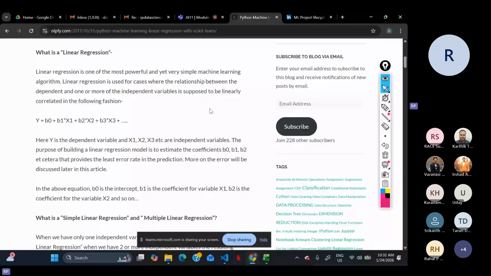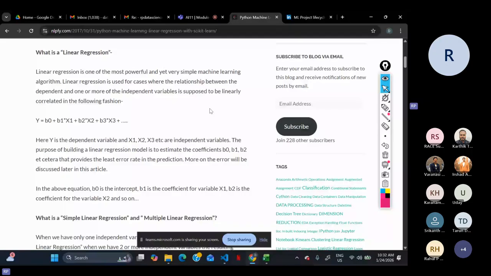Another thing it does, not only predicting y based on x, it also finds the relationship between its coefficients and the target variable. For example, how my target variable will change based on the coefficients. So B0 and B1, these are coefficients.